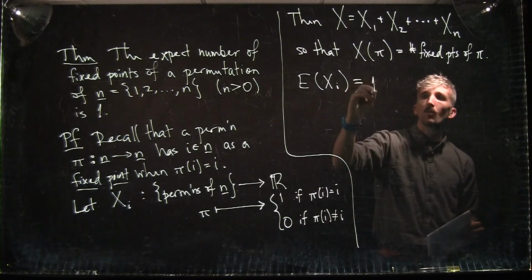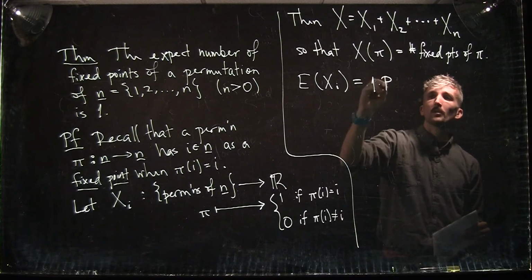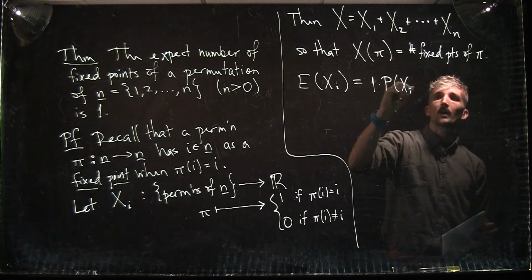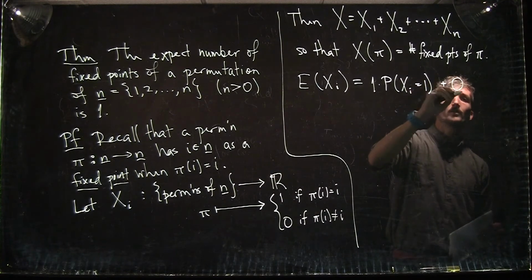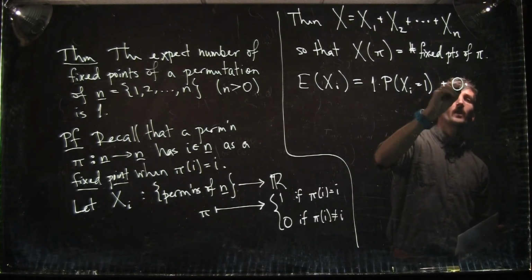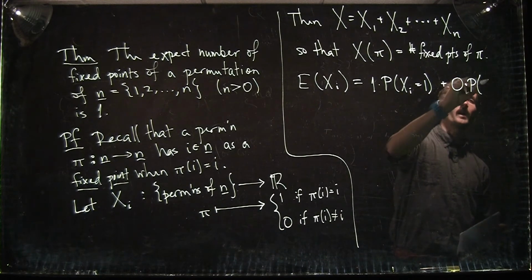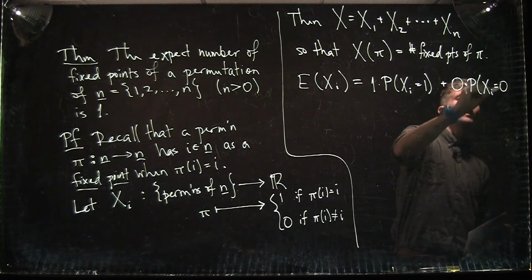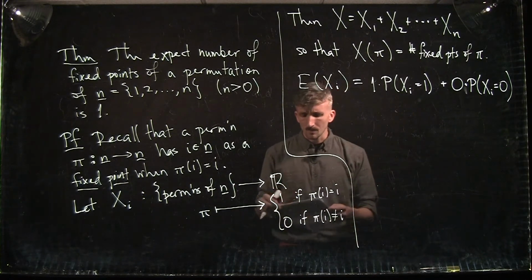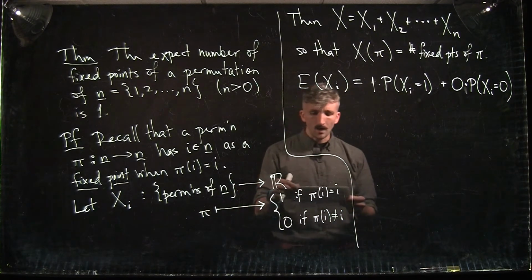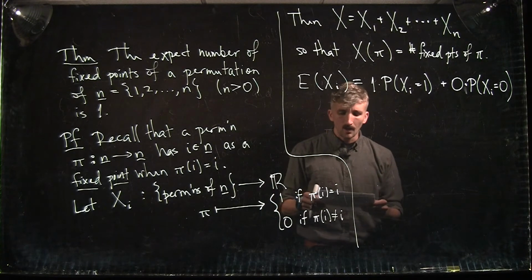So we'll have the value 1 times the probability that x sub i equals 1 plus the value 0 times the probability that x sub i equals 0. Okay, can we compute these probabilities? Sure, of course we can.